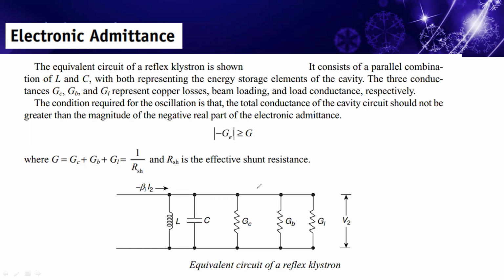What are the three parallel combinations? Number one is the inductor as well as the capacitor. Why? Because in the reflex klystron, the inductor and capacitor act as energy storage elements.